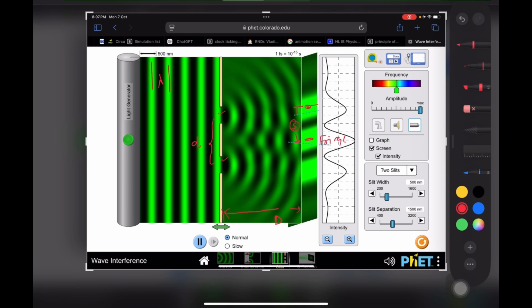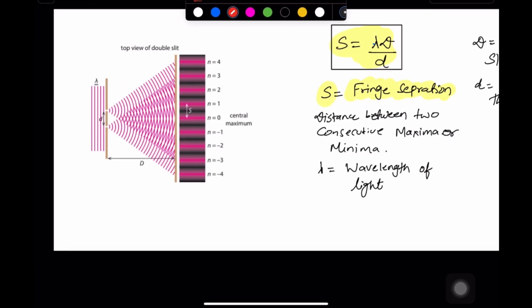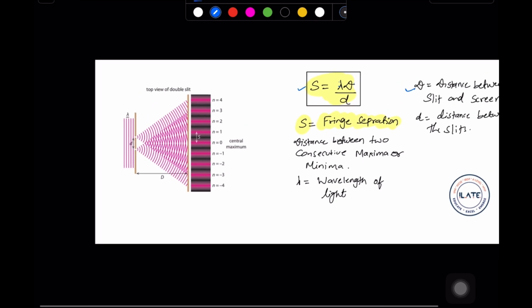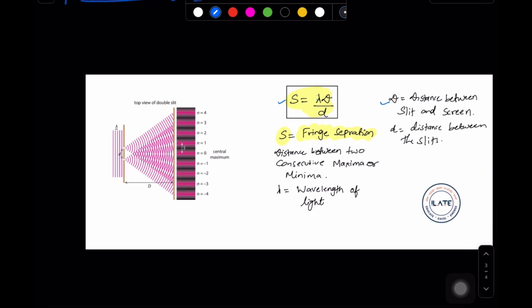Thomas Young tried to calculate the wavelength using these terms. He said the fringe separation S is directly proportional to the wavelength, and directly proportional to the distance between the slit and the screen, capital D, and tiny d is the distance between the slits.